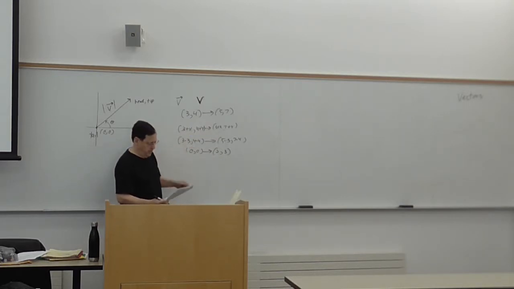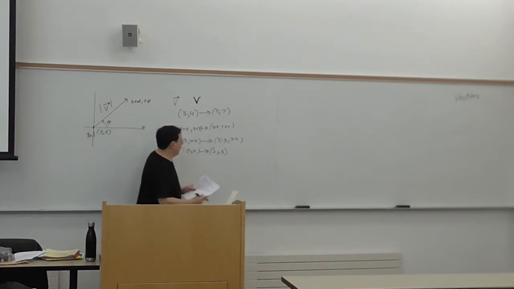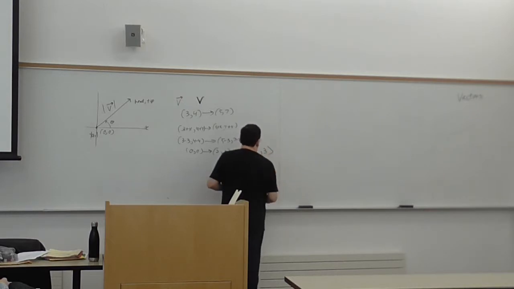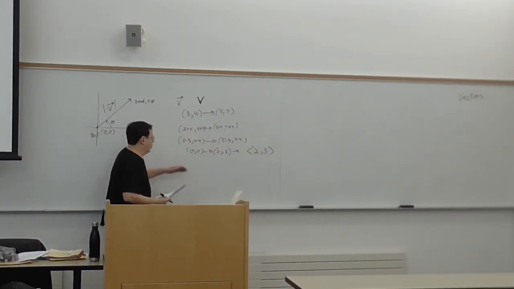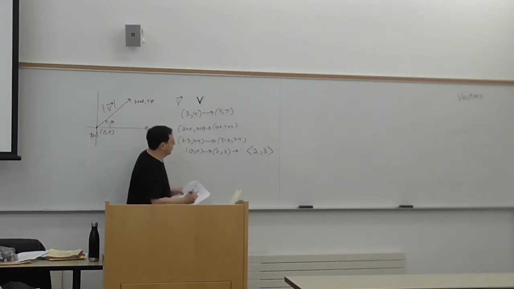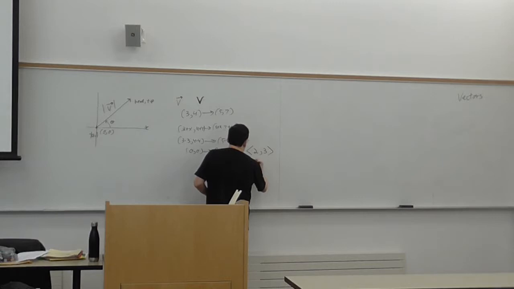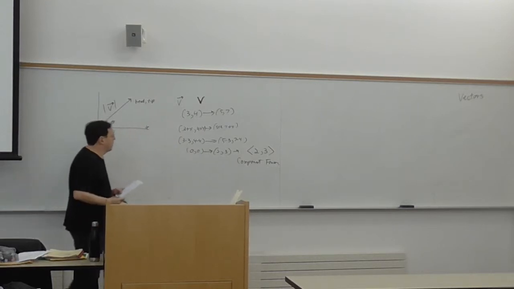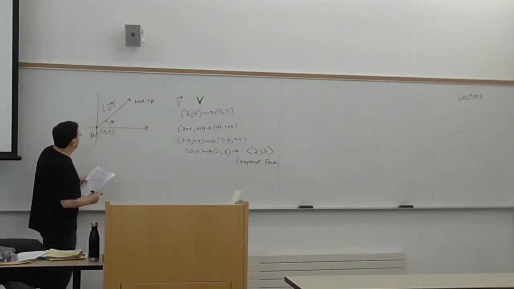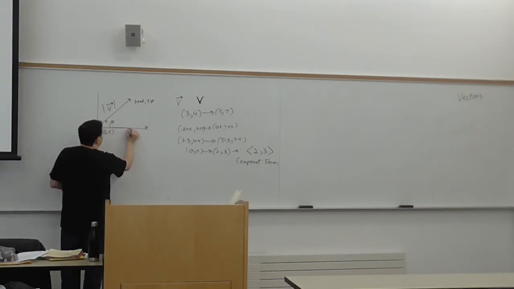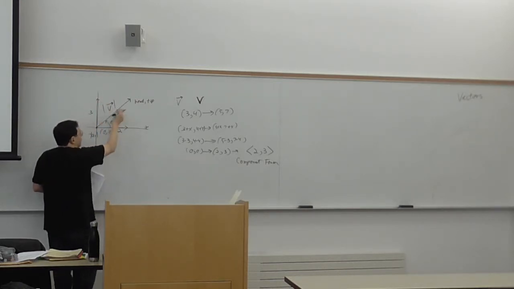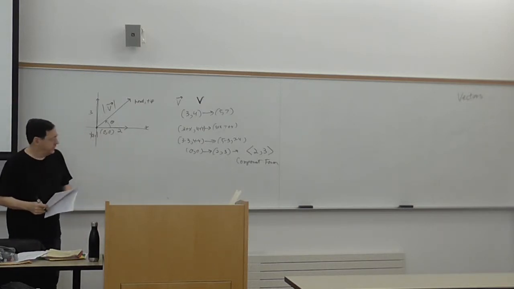The vector could be anywhere. We write it using this notation, angle brackets, 2, 3, without the origin. And this is called the component form. The reason we give it that name is, along the x-axis we have a 2, and along the y-axis we have a 3. These are the components of the vector.